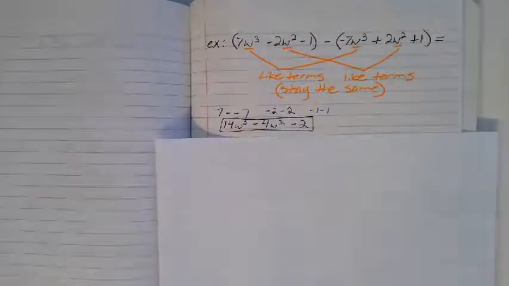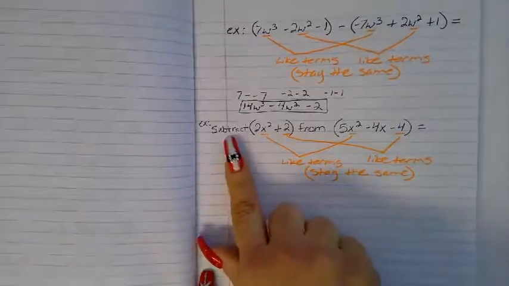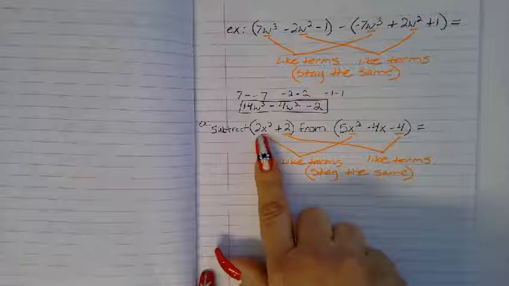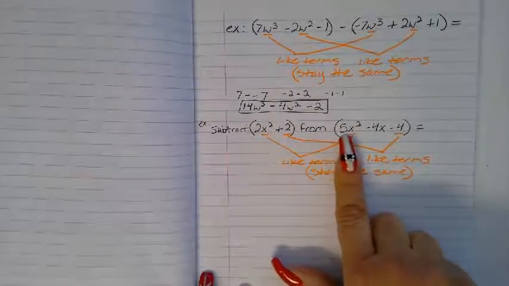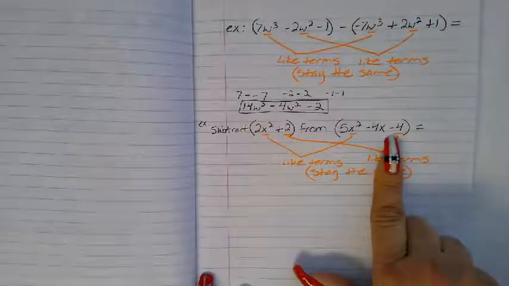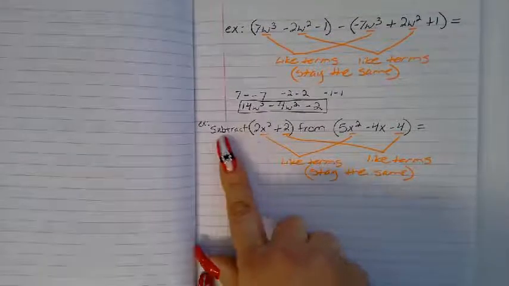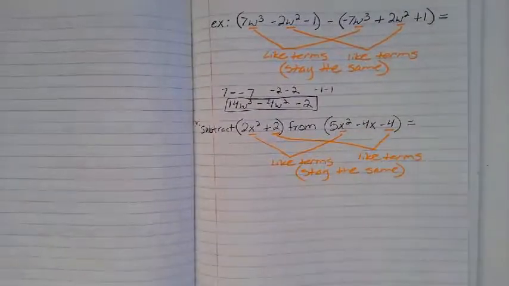Subtract 2x squared plus 2 from 5x squared minus 4x minus 4. So we're going to have to rewrite that, right? Because it wants us to subtract this from this. That's how it would be given to you on your assignment.